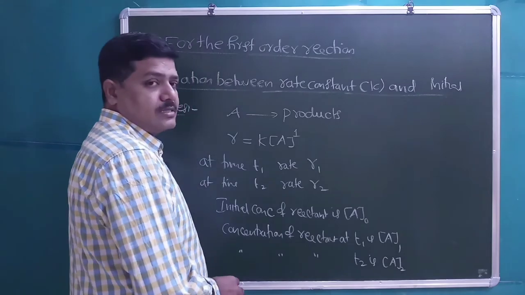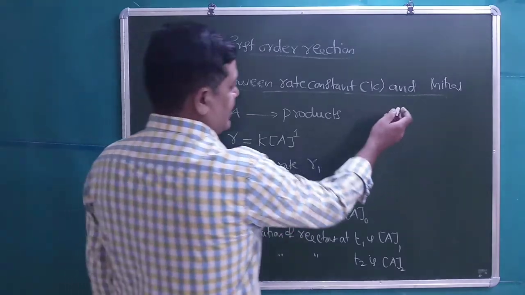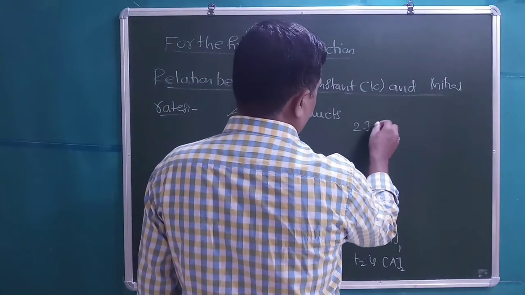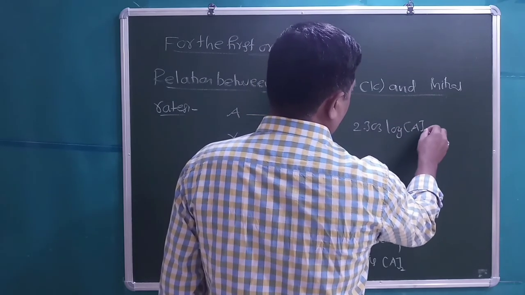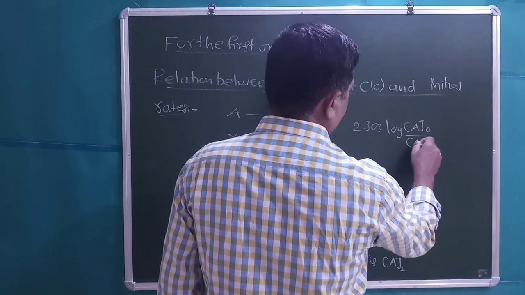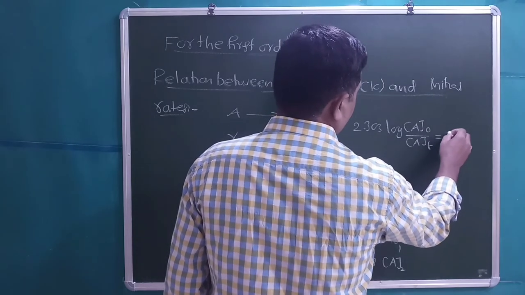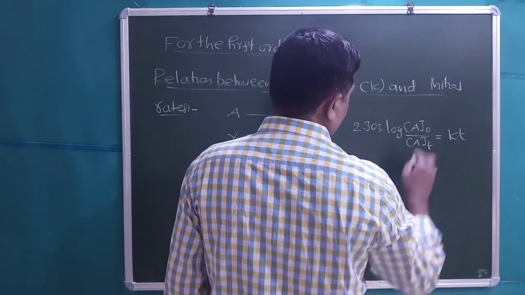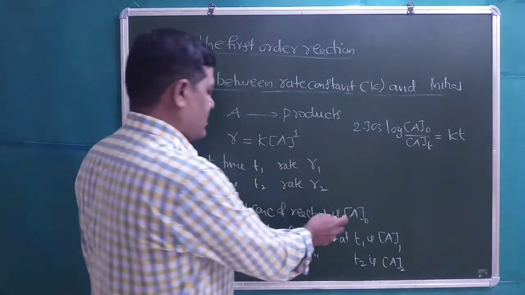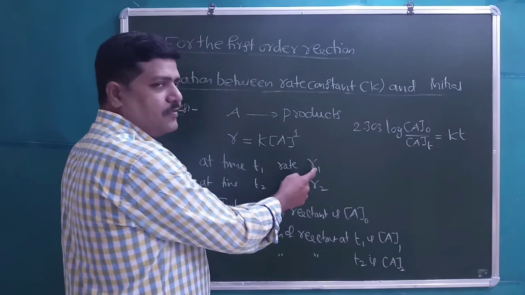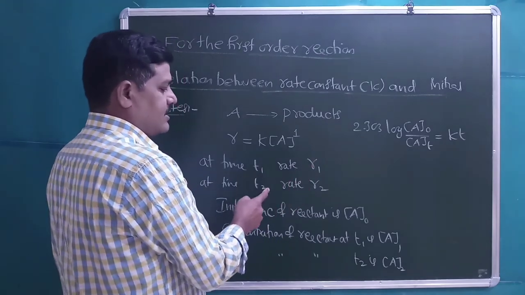Students, the first order integrated rate equation is 2.303 log A0 by At is equal to Kt. This is the first order integrated rate equation. Let us apply this equation at two different times, that is t1 and t2.